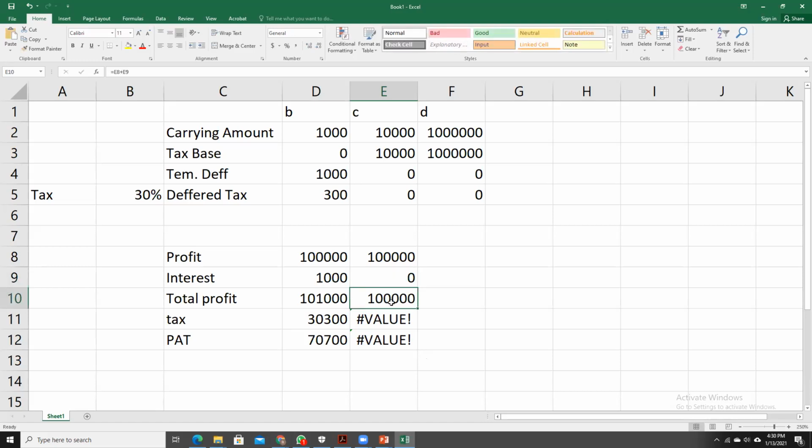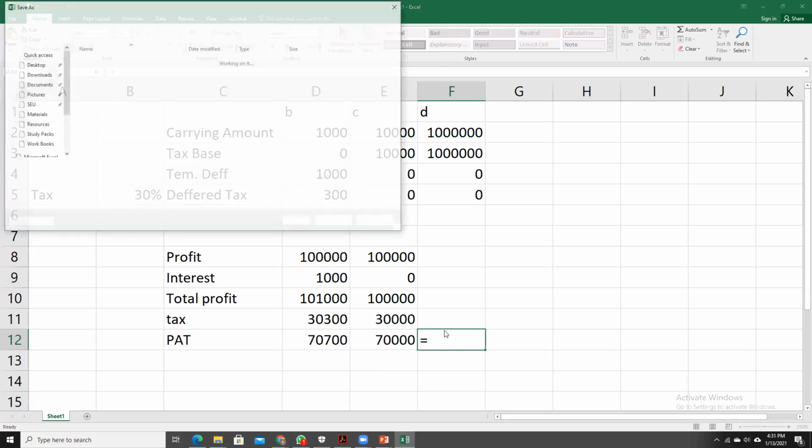Then total profit equals 100,000. Tax is this amount into the corporate tax rate of 30%, so 30,000. Then profit after tax is 70,000. How much difference?